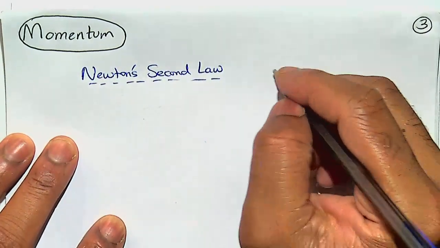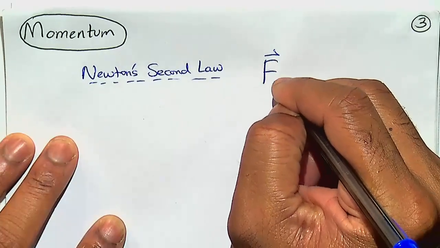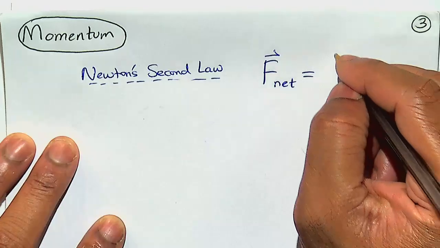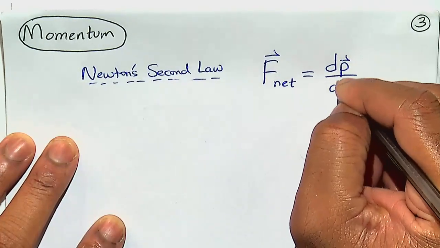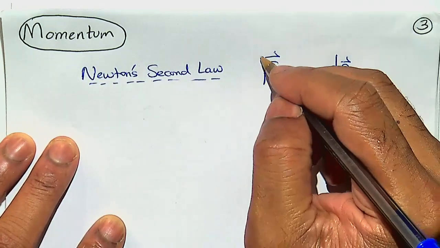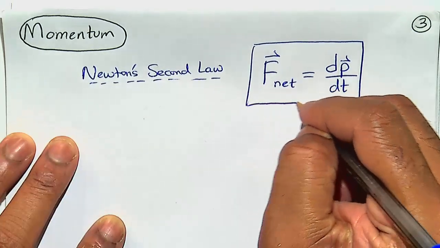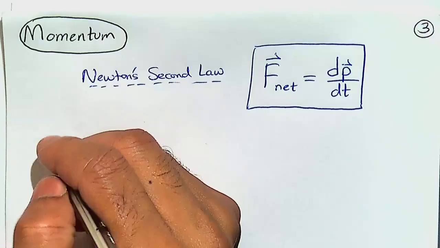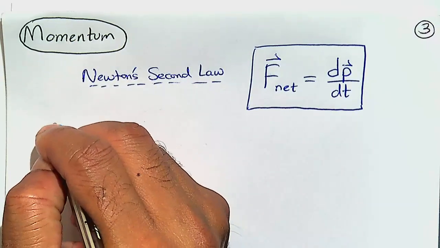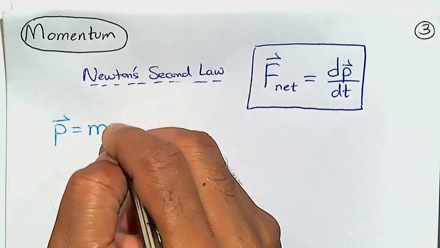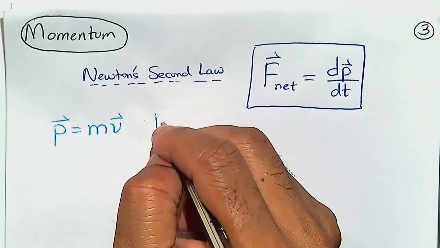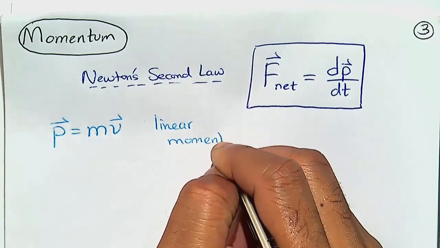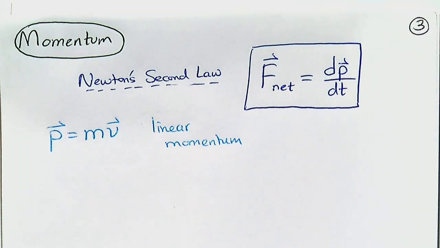Actually, it is about momentum, because what it's saying is that the net force on an object causes momentum to change with time. And earlier we defined what momentum was. Linear momentum is p equals mass times velocity. This is what we're calling linear momentum.